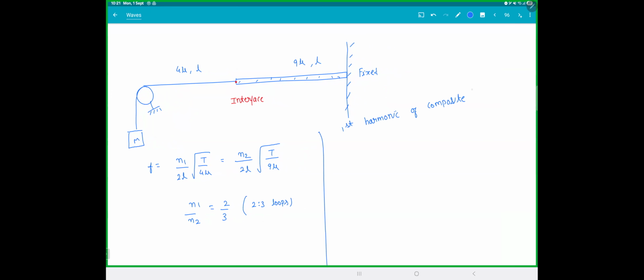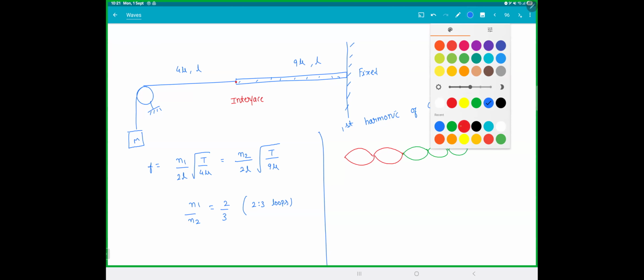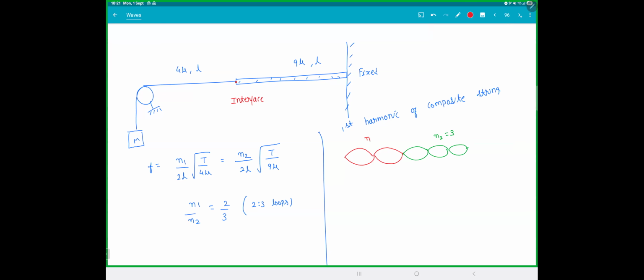If you keep sending different frequencies, the first time you will see a sustained interference, a proper stationary wave, is when this guy has 2 loops and this guy has 3 loops. That means N2 is the third harmonic, and for this guy, it is the second harmonic.